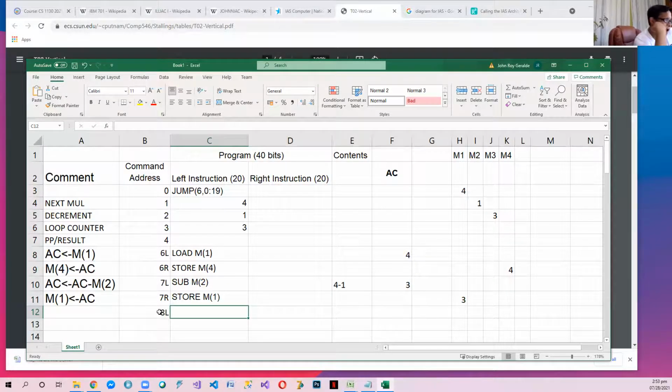Hindi na pwede doon. Kasi we'll have to check for a jump plus. If it's positive, the result AC is still positive, right? So we do a jump plus to a previous command.